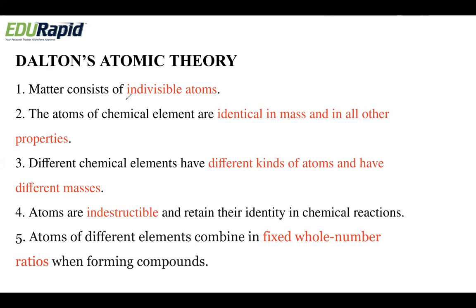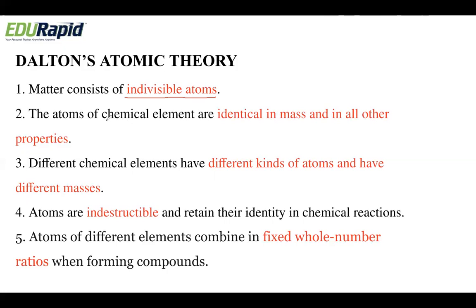Firstly, matter consists of indivisible atoms. Every matter, whatever exists in nature, which occupies space and has volume, we consider as matter. So all matter consists of indivisible atoms. We can say that atoms exist everywhere according to Dalton.